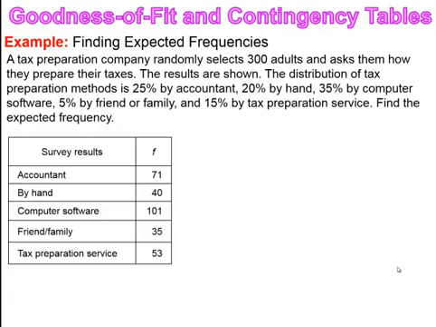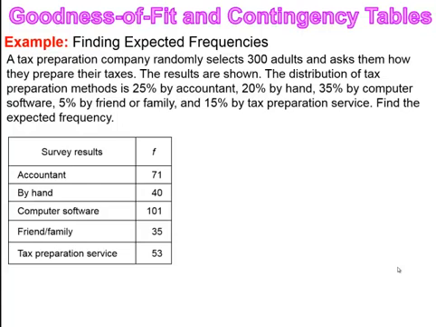The distribution of the tax preparation method is 25% by accountant, 20% by hand, 35% by computer software, 5% by friend or family, and 15% by tax preparation services. Find the expected frequency. So we are given percentages here.